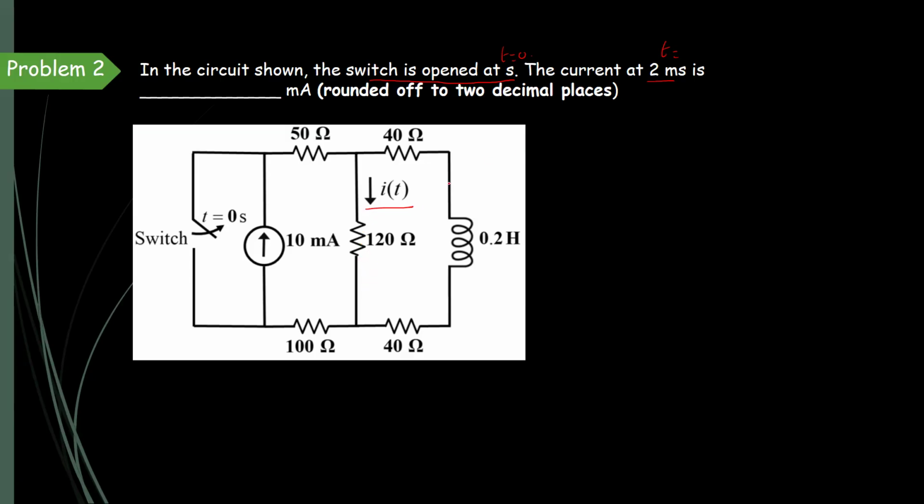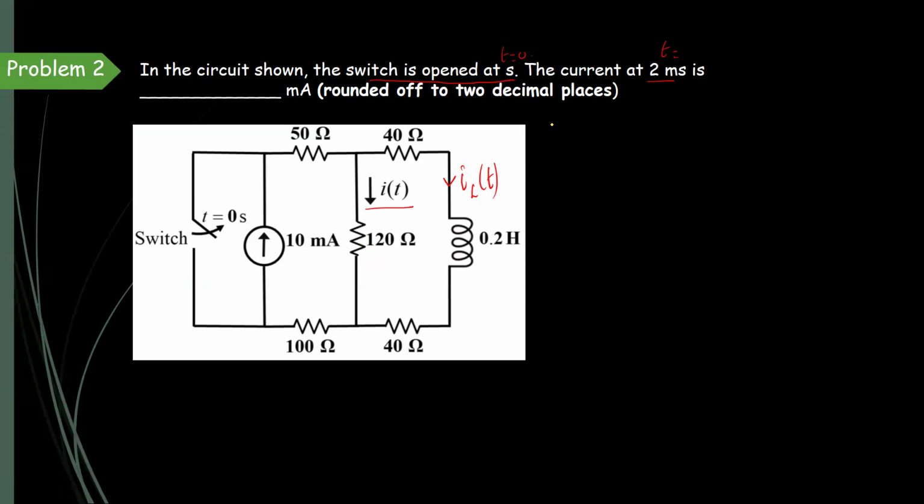Okay. So this will be taken as iL of t, the current flowing through the inductor. But in this problem we need to find out the current passing through 120 ohms. Okay. We need to find out the function for the current passing through 120 ohms. So let me find out from the initial condition.